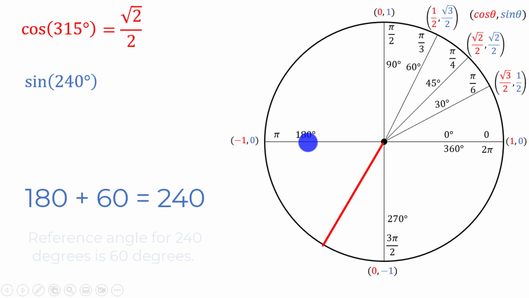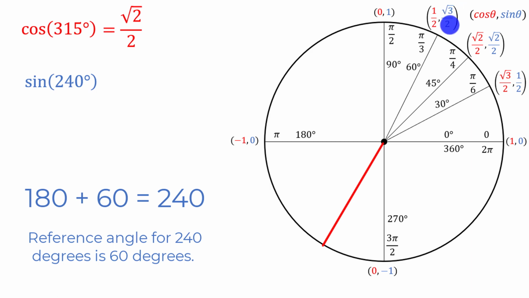So our reference angle is 60 degrees, which means that sine, the y-coordinate, will still be square root 3 over 2, but possibly the sign could be changed. Will the sign be changed? Yes, because we are in the third quadrant, below the x-axis, where sine is negative. So it won't be square root 3 over 2, it will be negative square root 3 over 2.